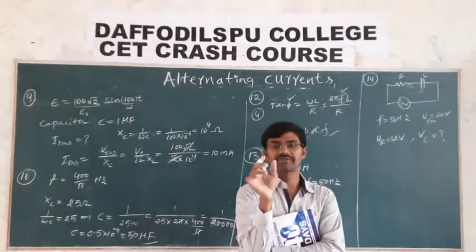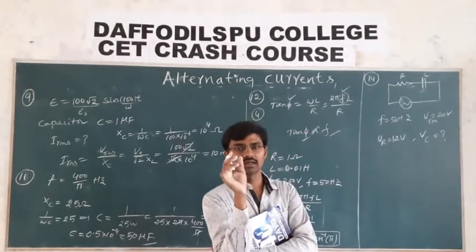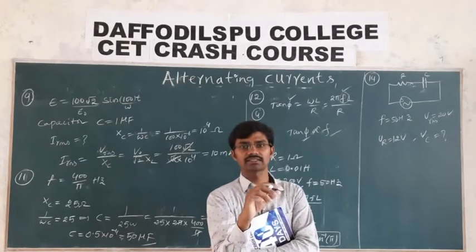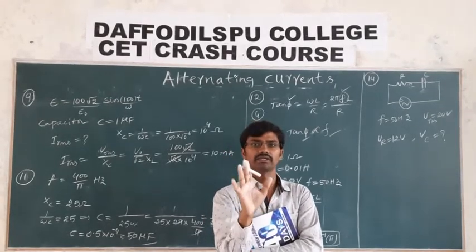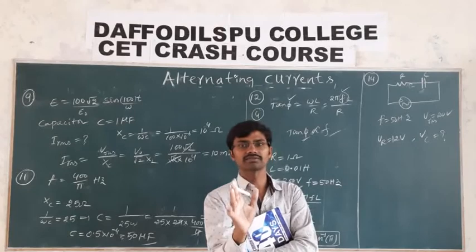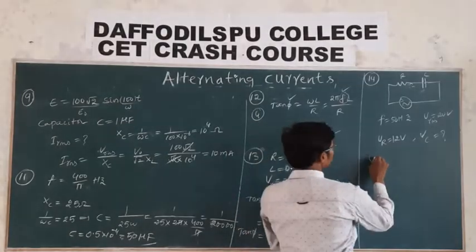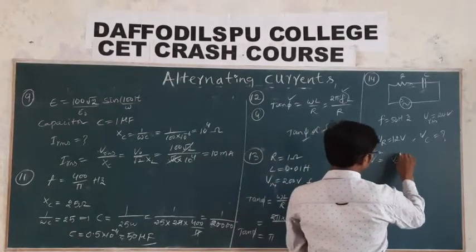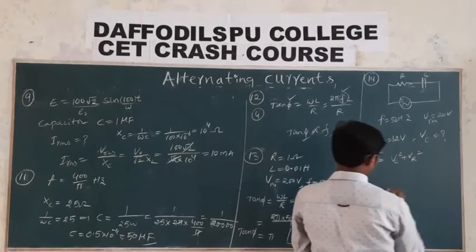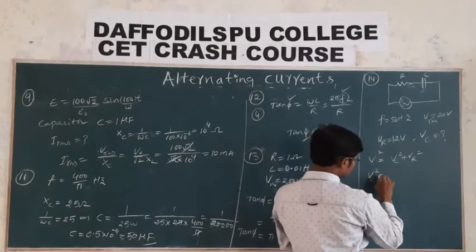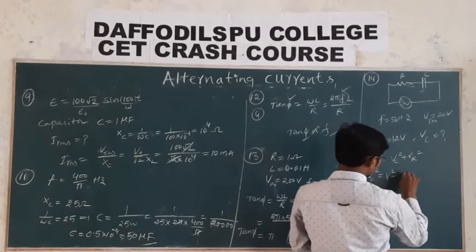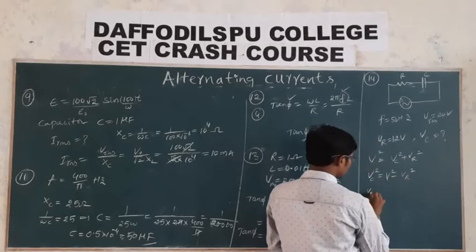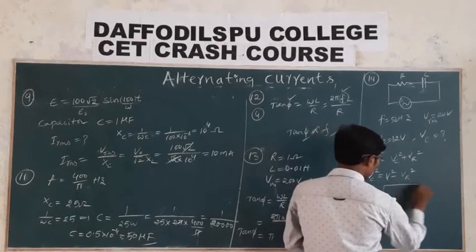Here we take the vector form, voltages and currents in alternating currents. When we discuss this, we consider them as vectors, which are phasors. So V square is equal to VC square plus VR square. But we need to calculate the VC value. VC is equal to root over V square minus VR square.